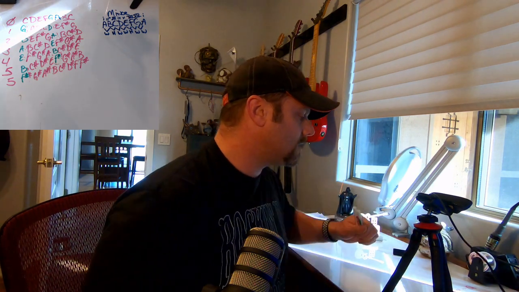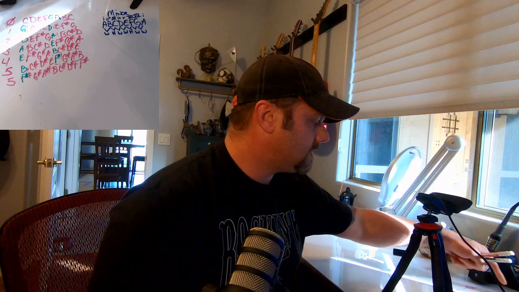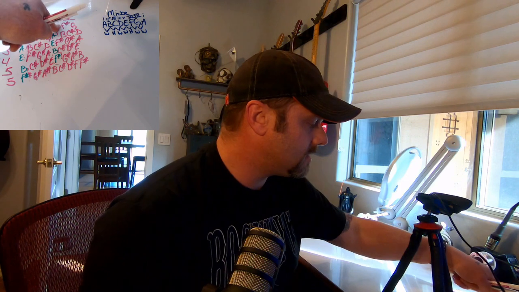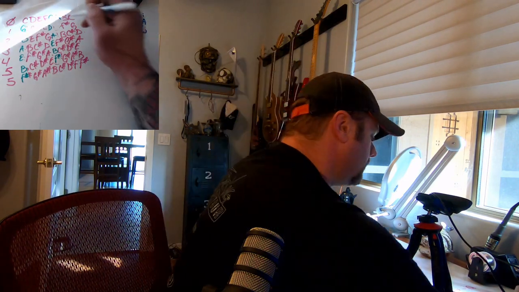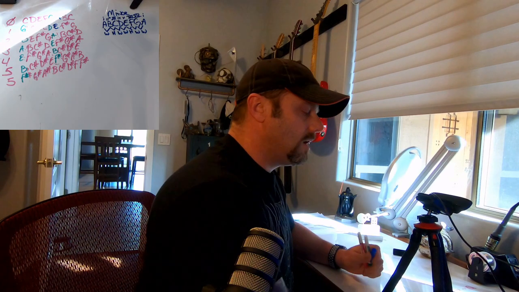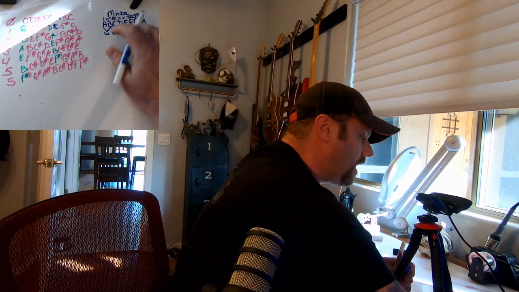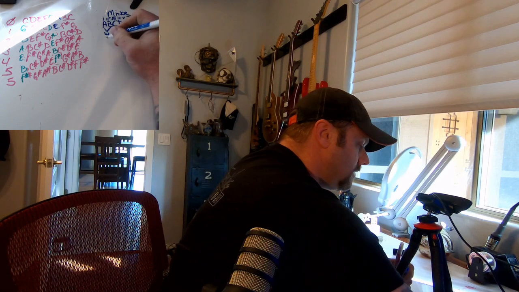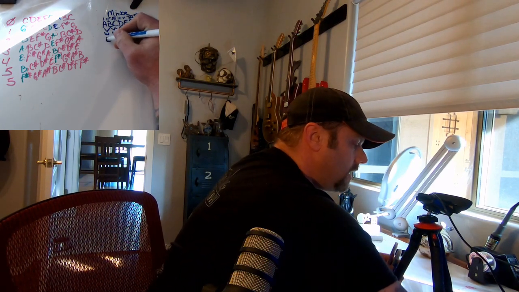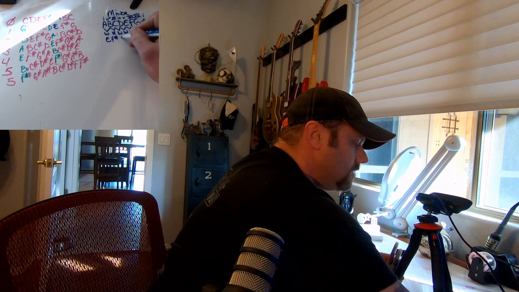So if C's relative minor is A, G's relative minor is E. And how would we write an E minor? Well, if we follow that same logic, it would be E, F sharp, G, A, B, C, D, E. That is an E minor scale.